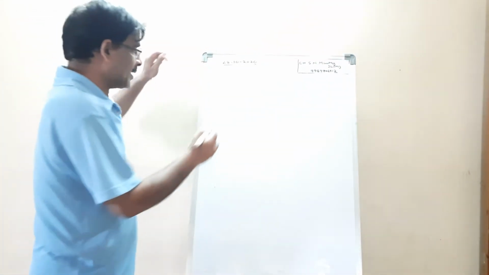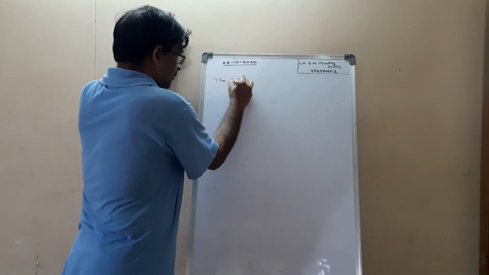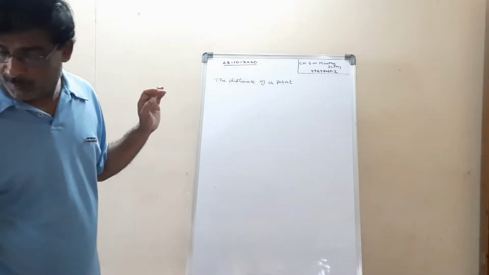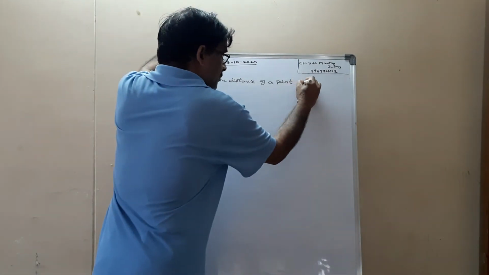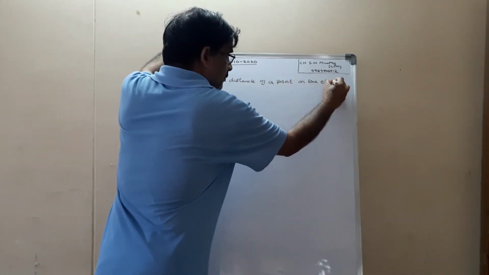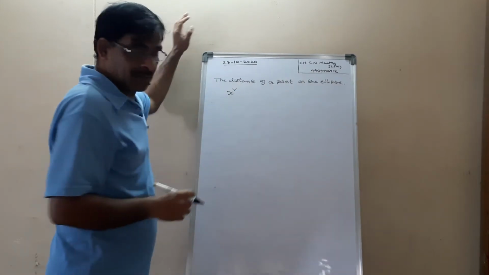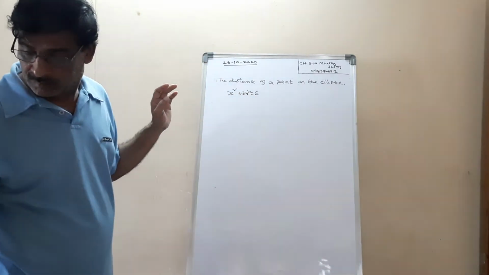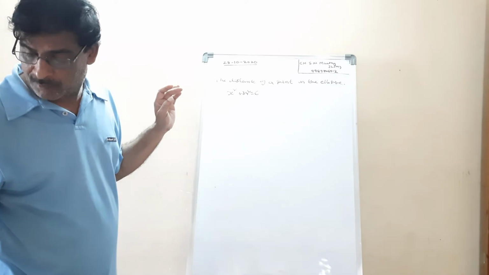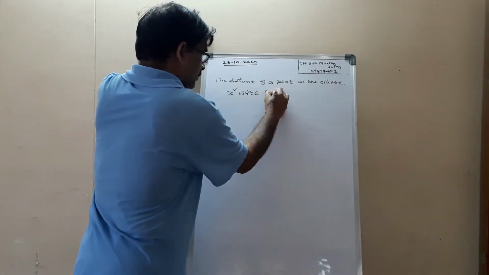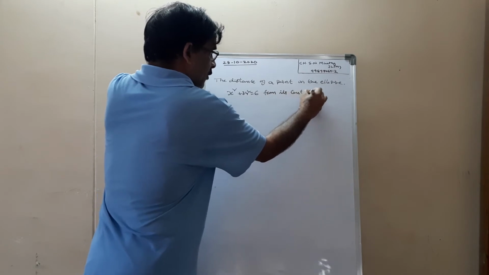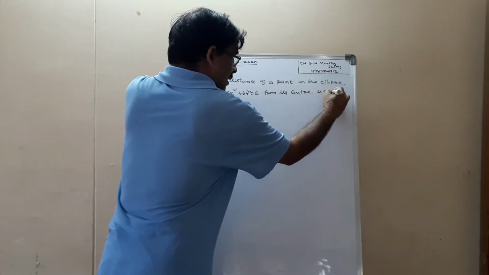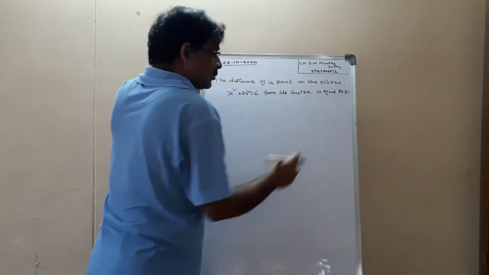The distance of a point on the ellipse x square plus 3y square equal to 6 from its center is equal to 2. It is given.